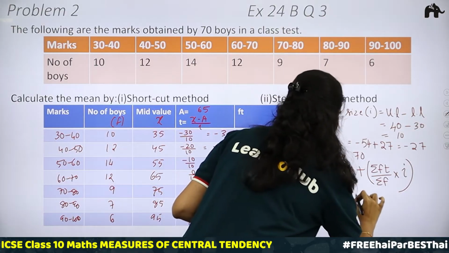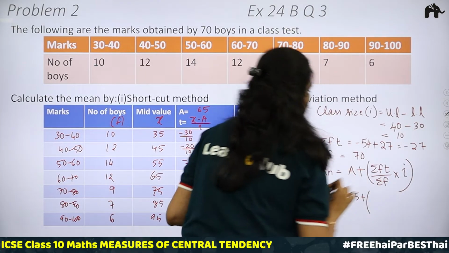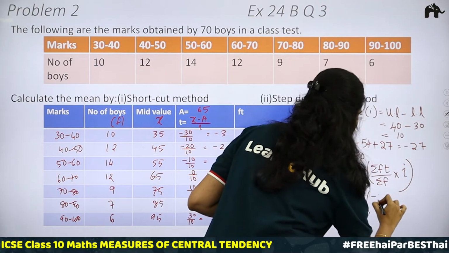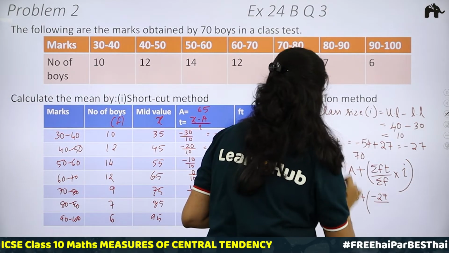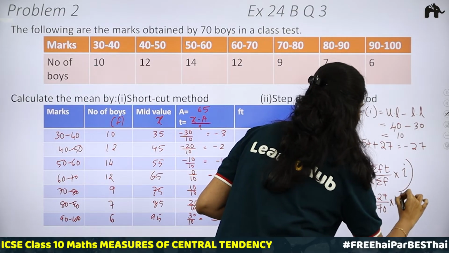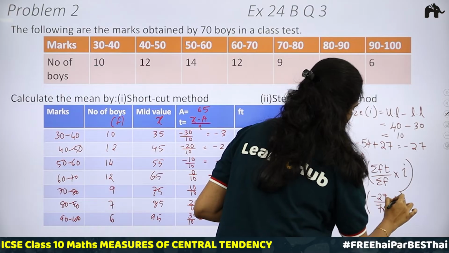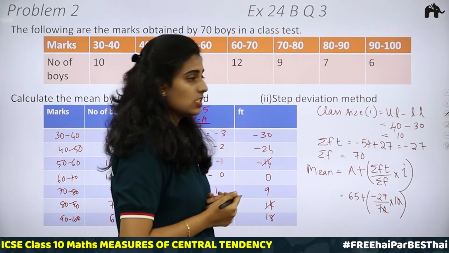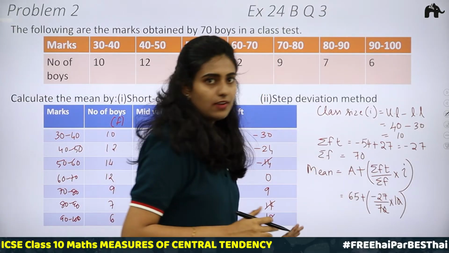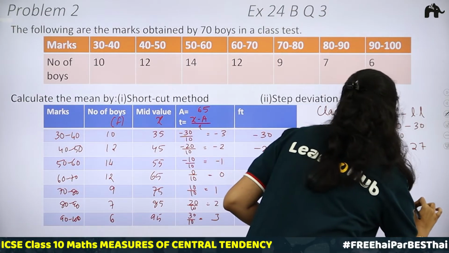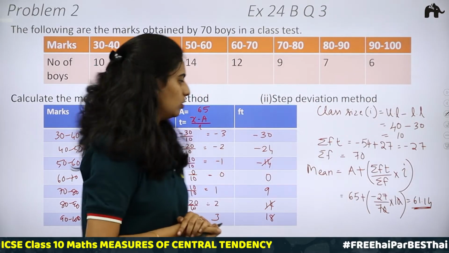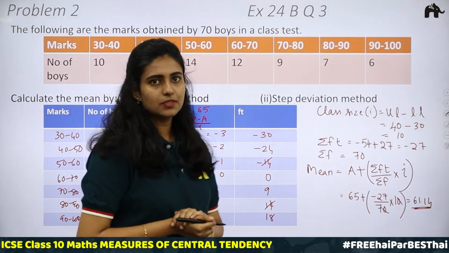So 65 plus summation ft, that is equal to minus 27, divided by summation f is 70 into class size 10. 0 can be cancelled. Minus 27 divided by 7, the same calculation we have done, and adding 65 to it, you will be getting 61.14 as the final answer. Same calculation. Okay, clear?